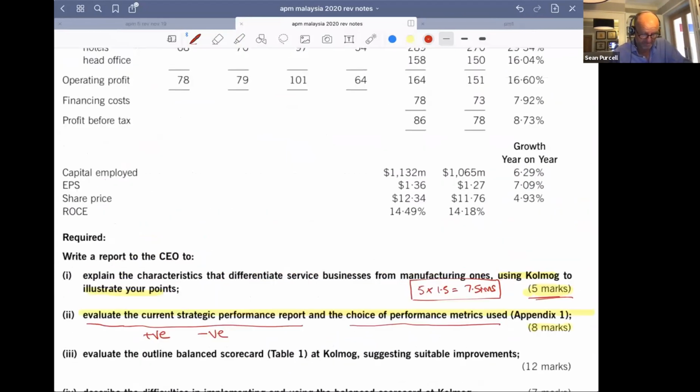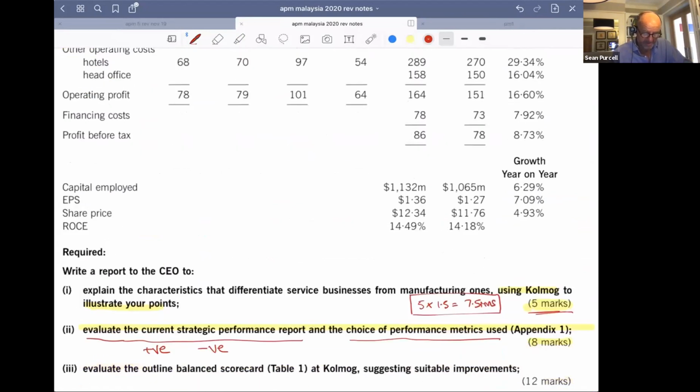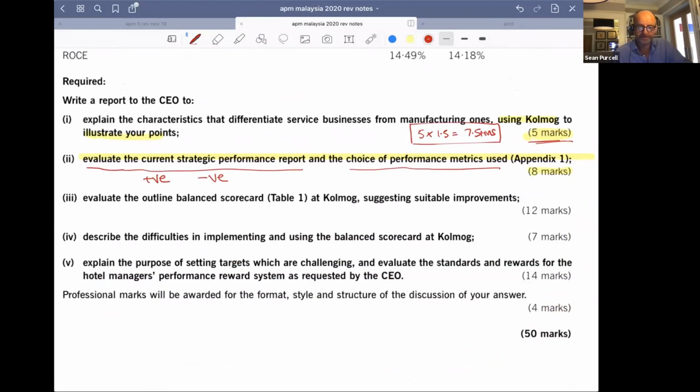It mentions them up here. This has to be linked to what the management wanted, something linked to the balanced scorecard. So it assumes knowledge of the balanced scorecard, and with that knowledge, you'd be able to assess whether the performance report is appropriate or not.